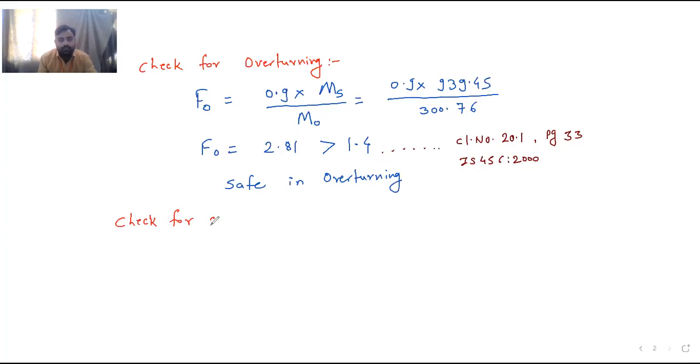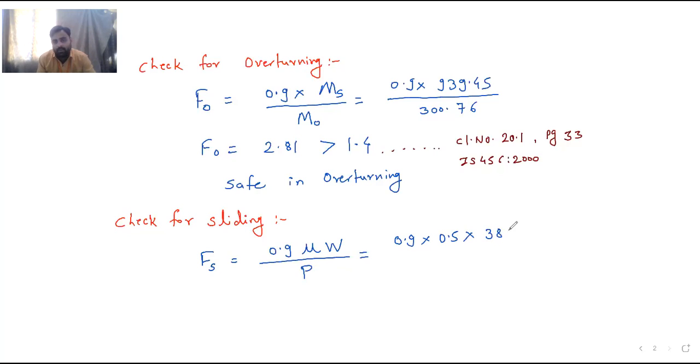Fs is equal to 0.9 mu into W divided by P. If I put the values, 0.9 into mu is 0.5 into summation W, which we have calculated as 389.04, divided by P, which we just calculated as 134.67.